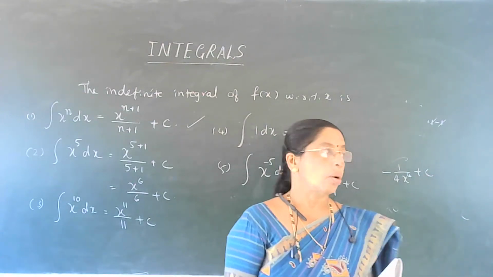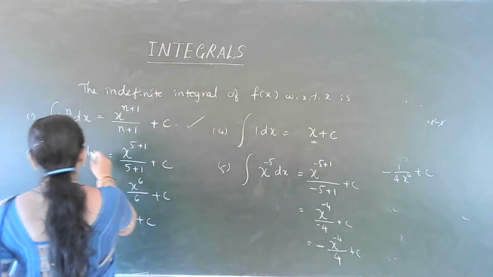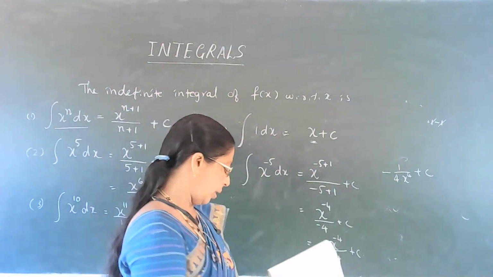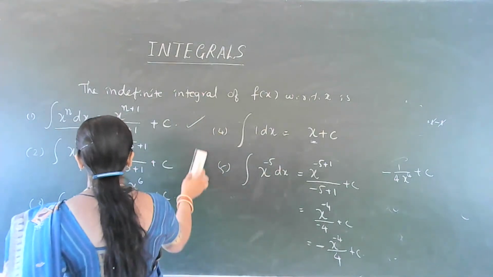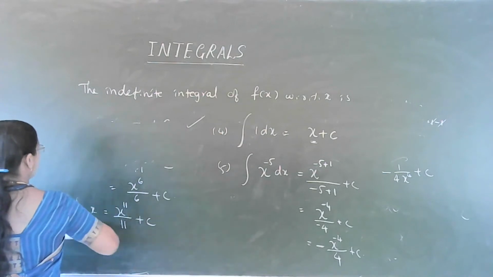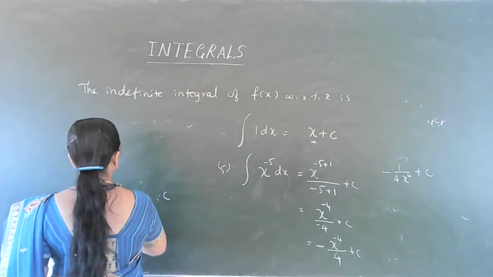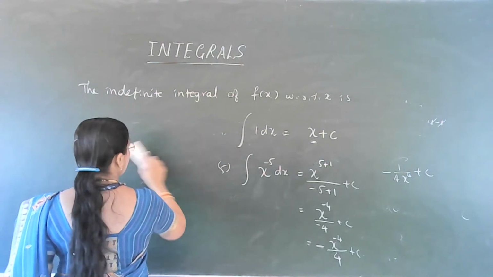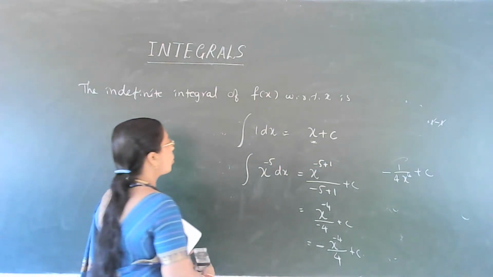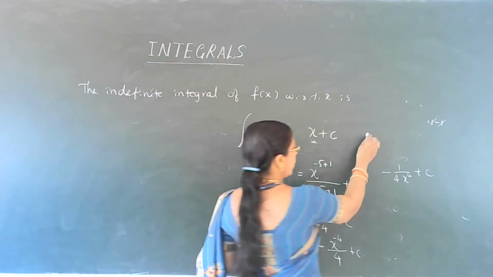This is the integration of the type x to the power n dx. I think you can understand how to solve this type of function.